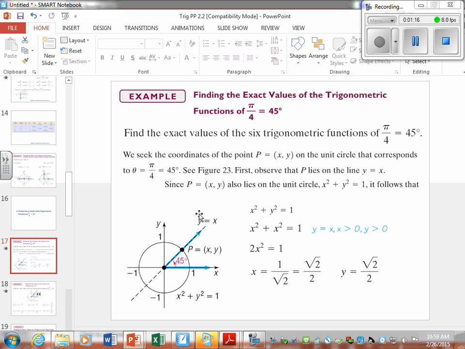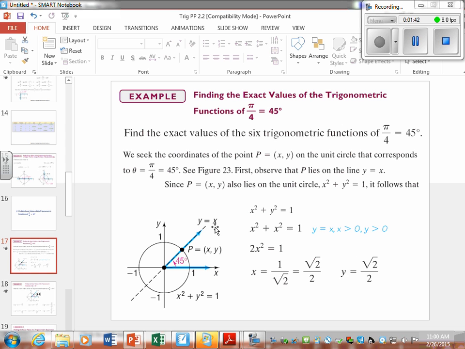If I know that y is equal to x, in place of y I can substitute x. Now, 1x squared plus 1x squared is 2x squared equals 1. Divide both sides by 2 and then take the square root. When I simplify and rationalize the denominator, I find that the x value is square root of 2 over 2.